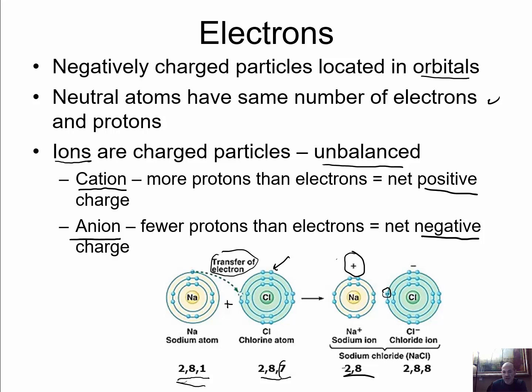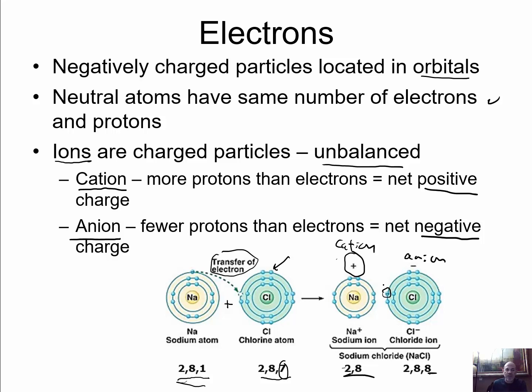And then over here, chlorine had 7 in its outer energy level, but now it has 8, it has extra. So overall now we have a cation here for sodium and an anion for chlorine. Now these negative and positive charges are opposite, so they attract each other and a chemical bond is formed between them called an ionic bond.